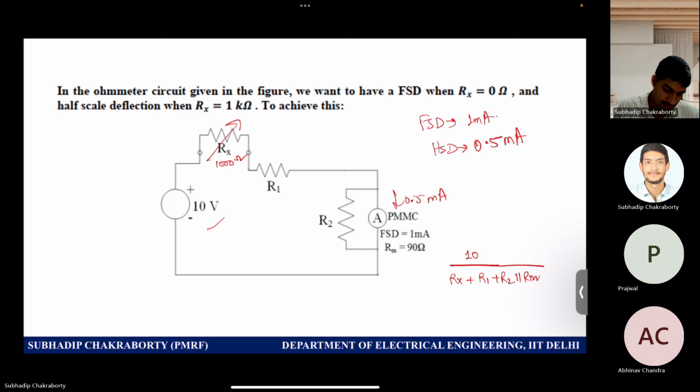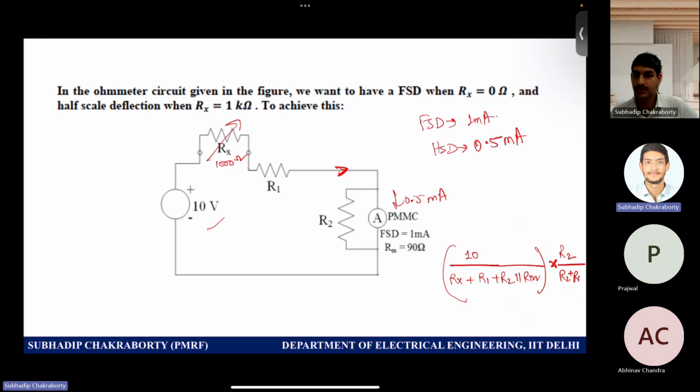This is the current flowing into this branch. Times the other branch resistance divided by R2 plus Rm, right? This step is clear or not? Yes. This should be equal to 0.5 into 10 to the power minus 3, 0.5 milliampere. And here Rx is 1000.